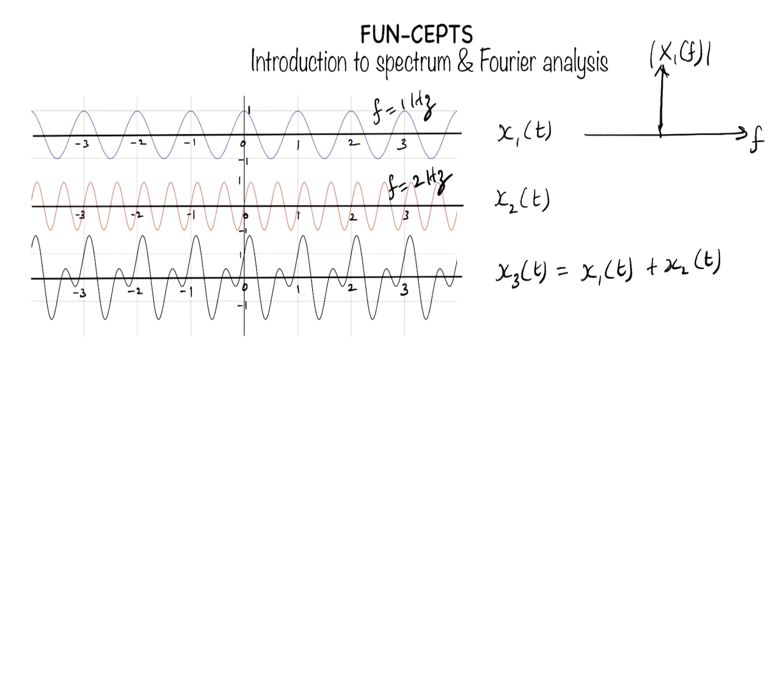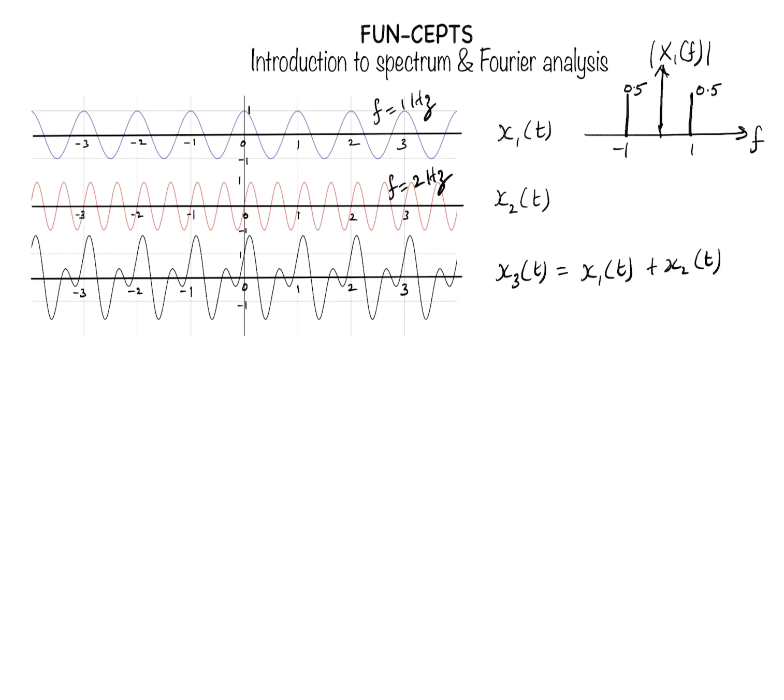Since it's 1 hertz, it will have an impulse at 1 hertz and an impulse at minus 1 hertz. So it's 1 and minus 1. And since the amplitude of this is 1 volt, that 1 volt would be divided half and half between the positive and negative components. So we'll have it as 0.5 over here and 0.5 over here.